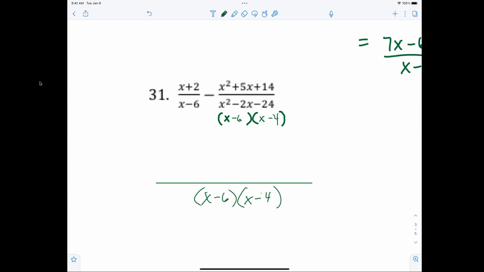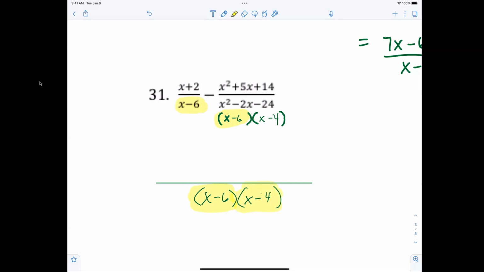The common denominator is all of them. I promise you, this is the rule. What's common goes in the denominator right off the bat. Whatever's common goes down. Then everything that's not common has to be placed in the denominator.